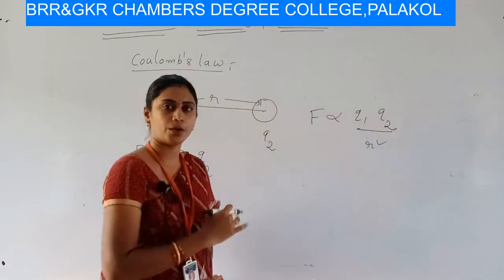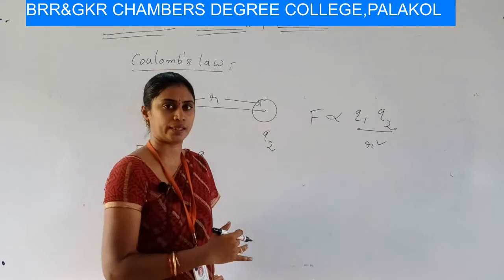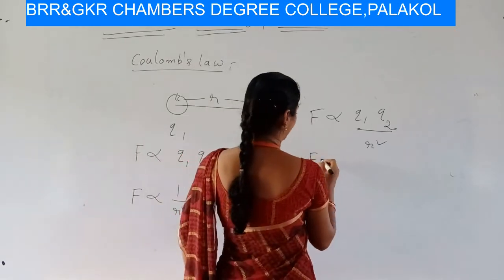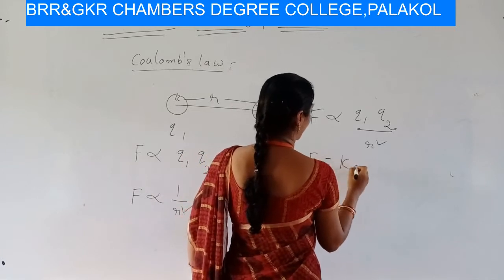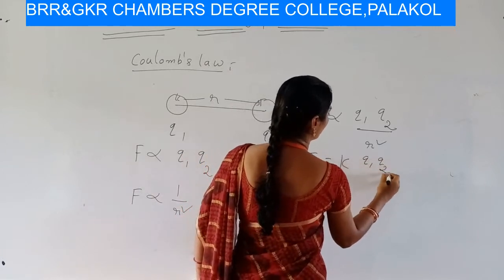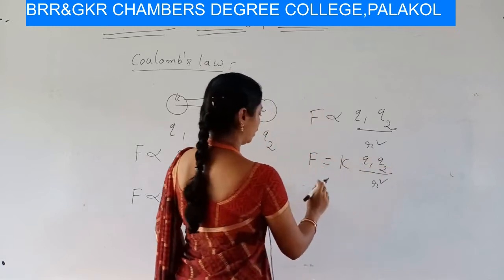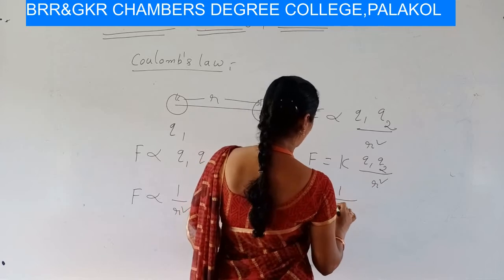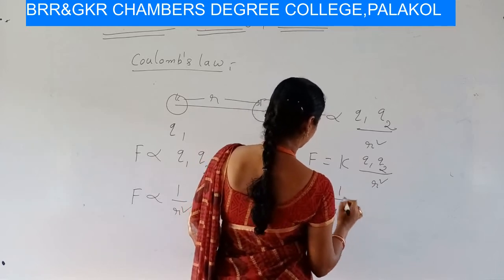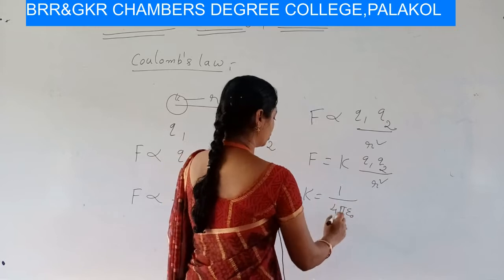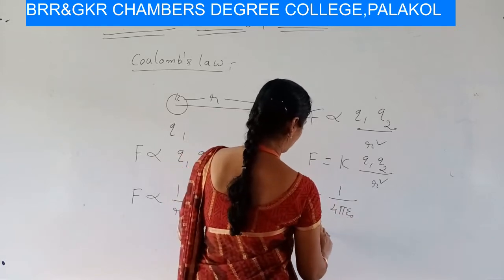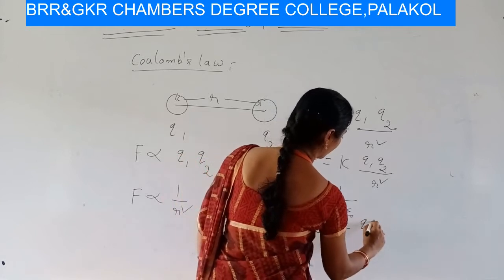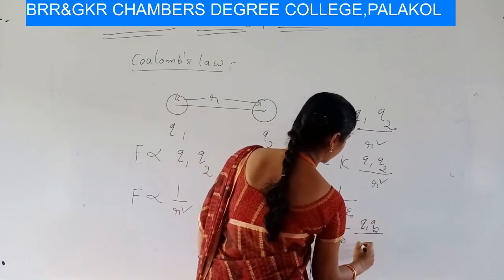Here, this proportionality is replaced by a constant, and that constant is said to be Coulomb's constant. Then he can write F is equal to K into Q1 Q2 by R square. Here this constant K is identically equal to 1 by 4 pi epsilon naught. Substituting this value, F equals 1 by 4 pi epsilon naught into Q1 Q2 by R square.